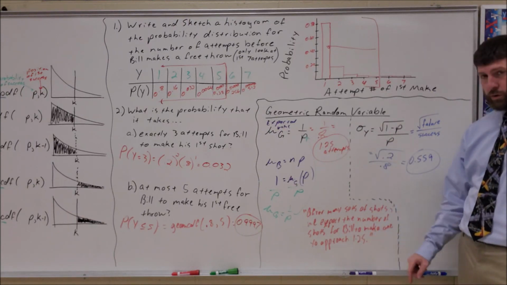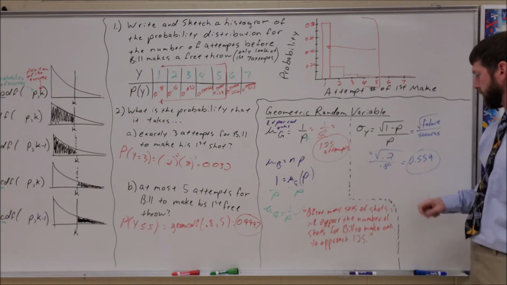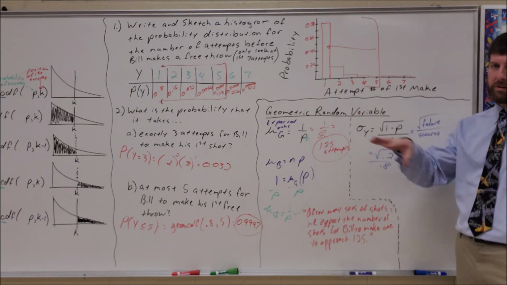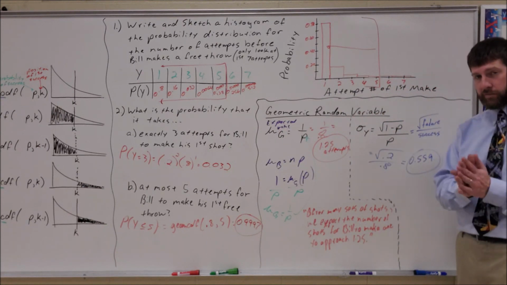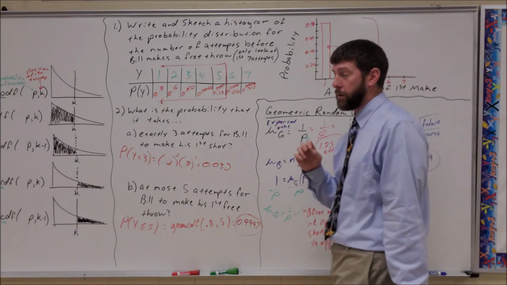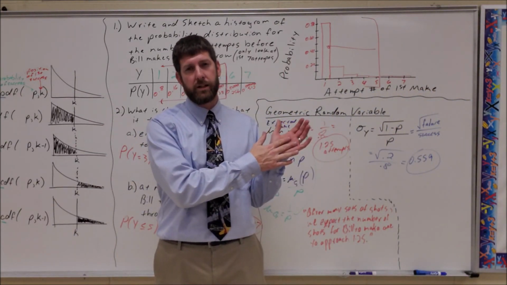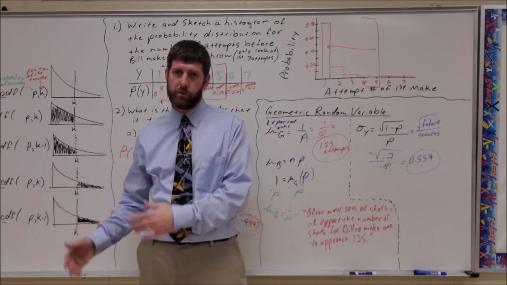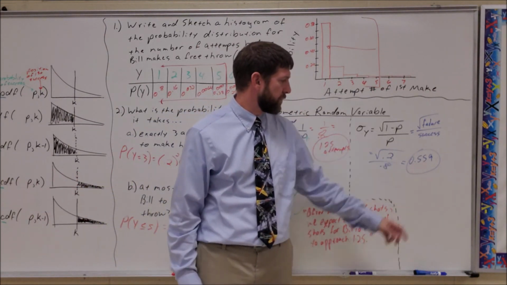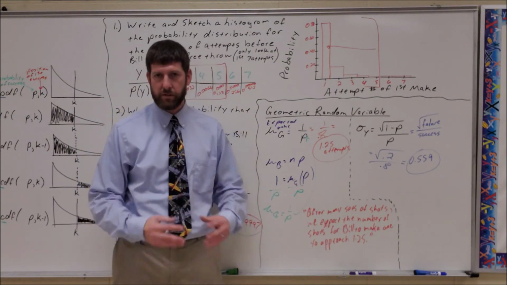If we expect him to make it 1 for every 1.25 shots, that means for many, many trials, that number of attempts till make is going to typically vary by about 0.5 shots. So some trials will take a few more attempts, some will take a few less, but they'll typically vary from that 1.25 by about 0.5 attempts.